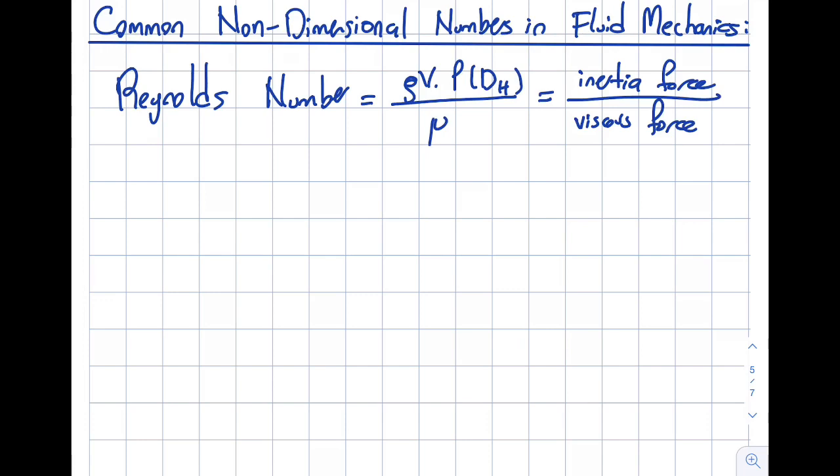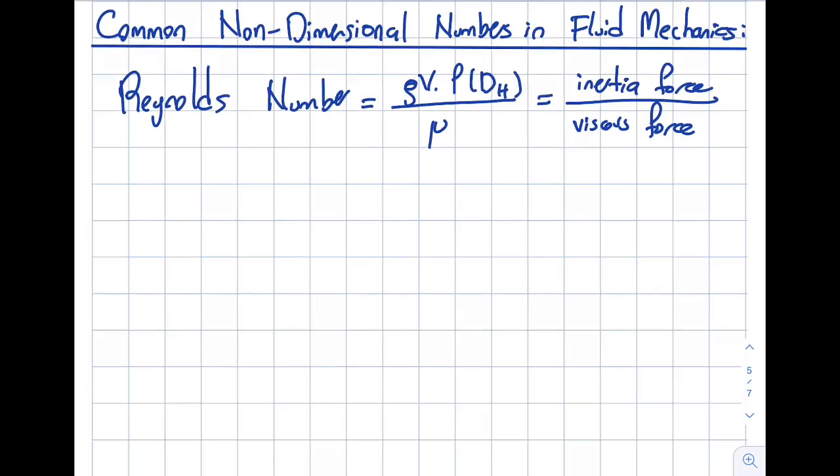Obviously, this has significant application space within closed conduits such as pipes, air conditioning ducts, but also this is important in flow around slow moving aircraft, water around ships, as well as submarines.